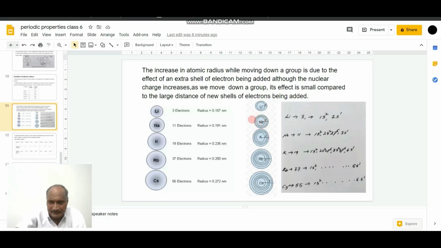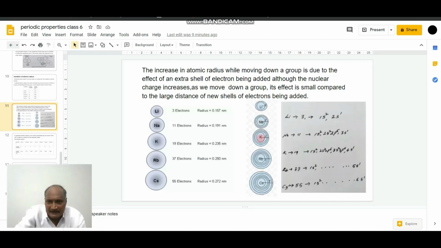Here, as we compare the size of lithium and sodium, in sodium an extra shell of electrons is added. Hence, the size of the sodium atom increases, and as the size increases, the radius also increases.